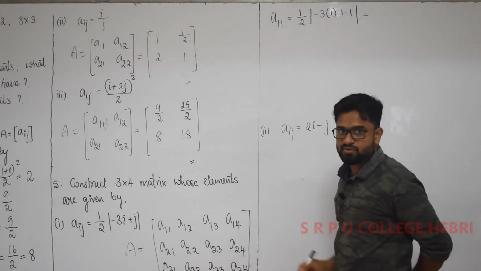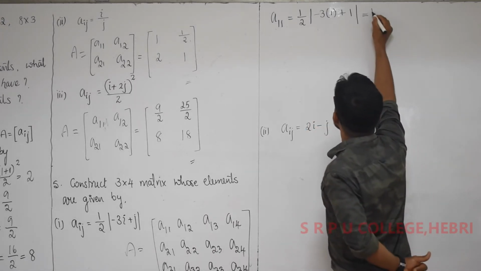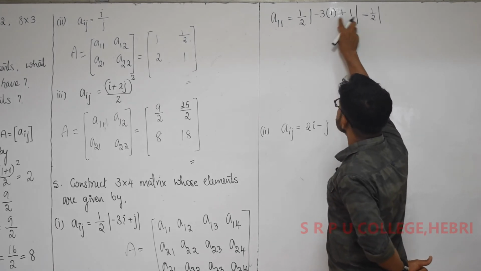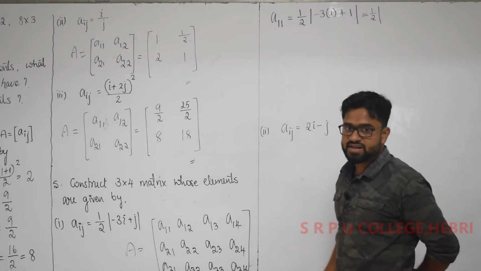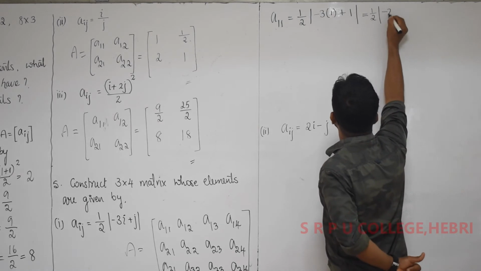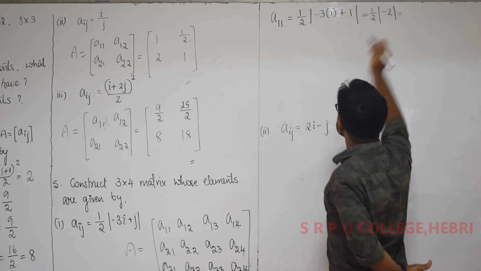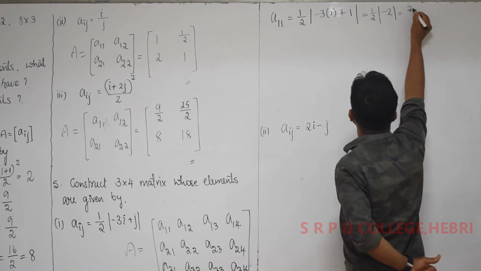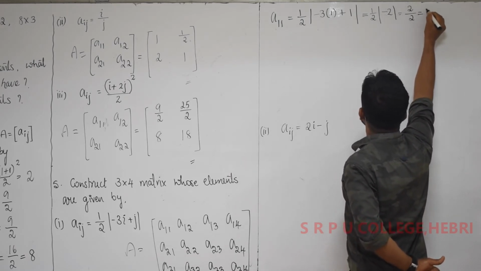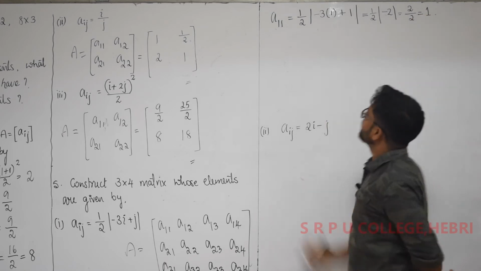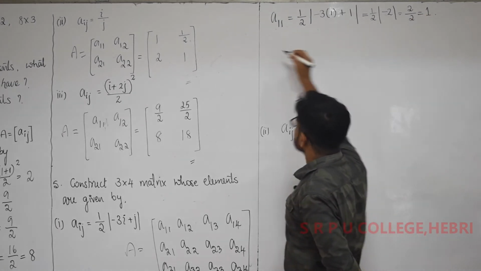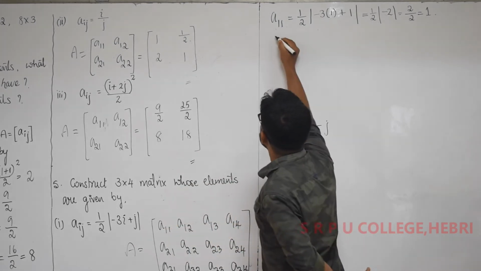The simplification will be half into mod of minus 3 into 1 is minus 3, plus 1. Minus 3 plus 1 is minus 2. Because of this modulus, that minus 2 becomes plus 2. 2 by 2 cancels, we will get the answer as 1. A11 is 1.